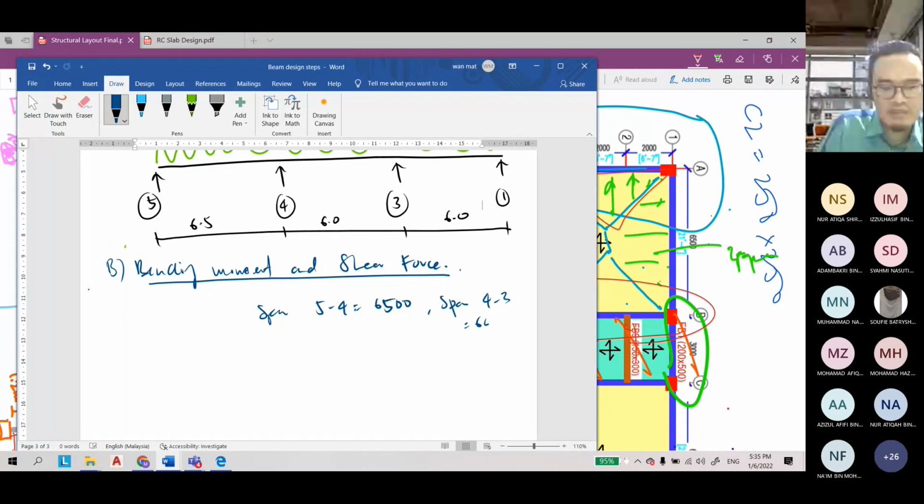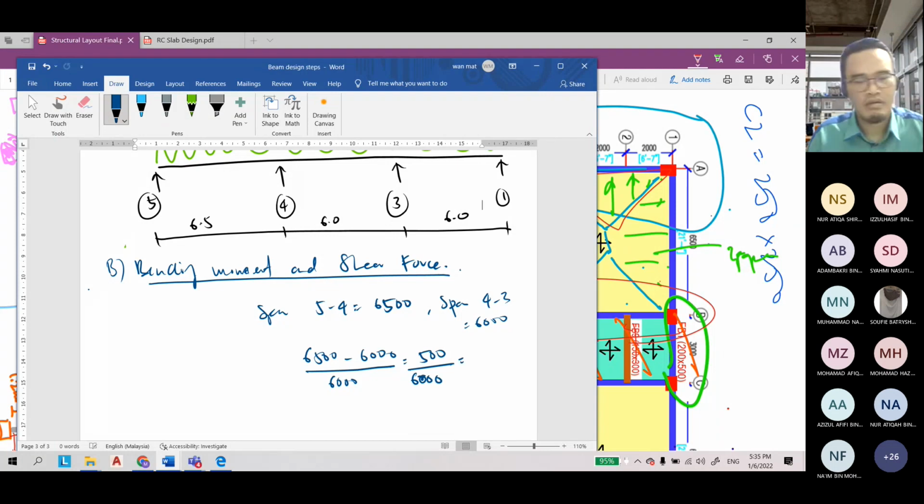So this is how to calculate the difference. Divide by the shortest, so 500 divided by 600. So what is the value now? The difference.